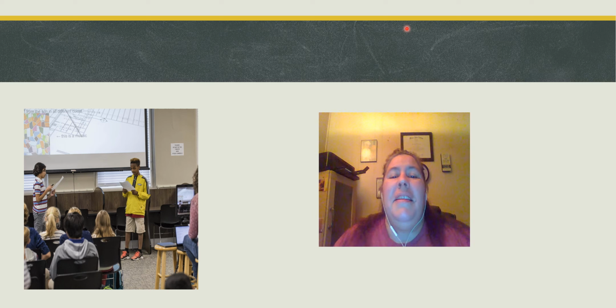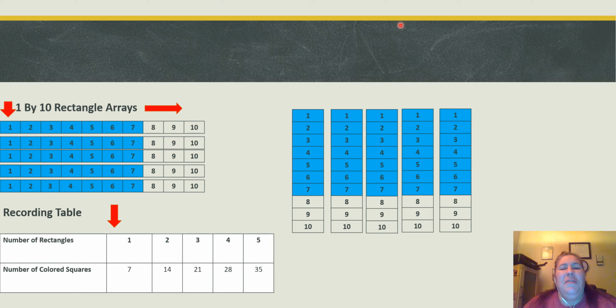Mathematician, your table shows something called ratios. A ratio describes a relationship between two or more numbers or amounts. For example, the ratio between the number of rectangles you drew and the total squares that are shaded is a ratio. The original rectangle you shaded also shows a ratio.